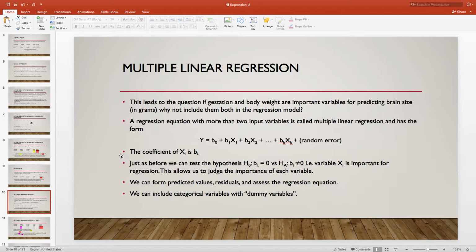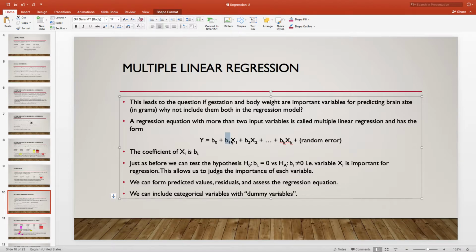So a multiple linear regression equation has this form. It has an intercept of b0, but then it has all these variables. It can have as many of them as you want. This equation has k variables. The coefficient of each of the variables is b sub i.